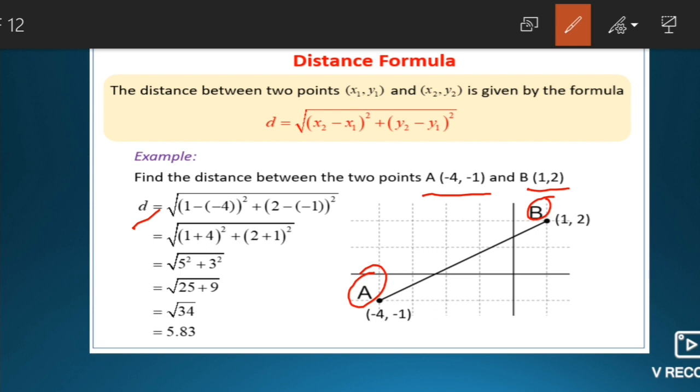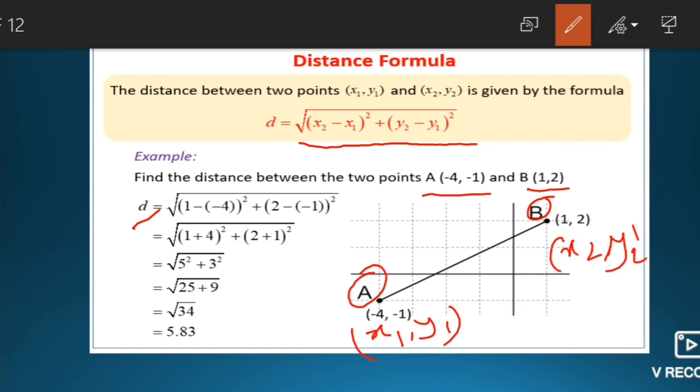Distance is defined as d and the formula is root under (x2 minus x1) whole square plus (y2 minus y1) whole square. Here I am considering this one as x1, y1 and this one as x2, y2.